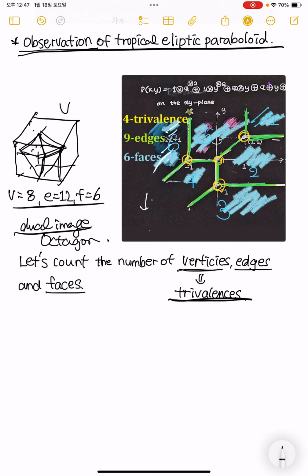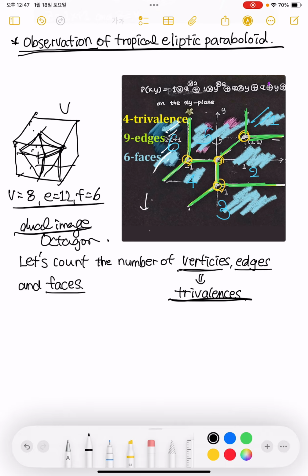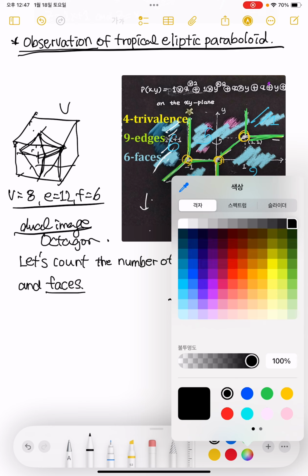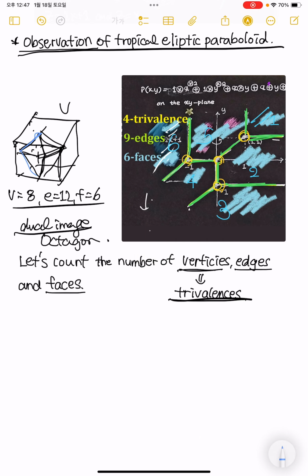If we think about this dual image of the cube, then the number of edges is just 12, but the number of faces and vertices are changed.